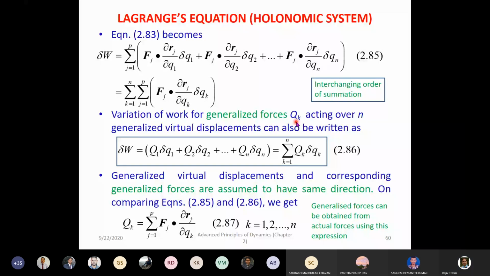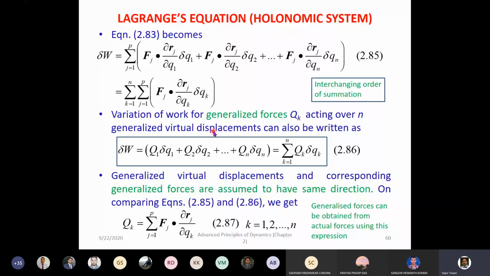Actual forces are p in number, but these are hypothetical forces we are defining. Let us say there are generalized forces acting at all the coordinates, and the number of generalized coordinates is n. So Qk is n in number, and the direction is along the direction of the variation of the displacement which we are giving.